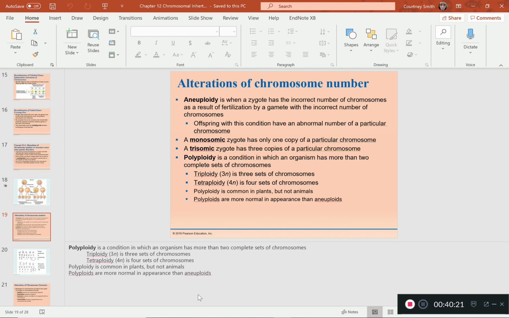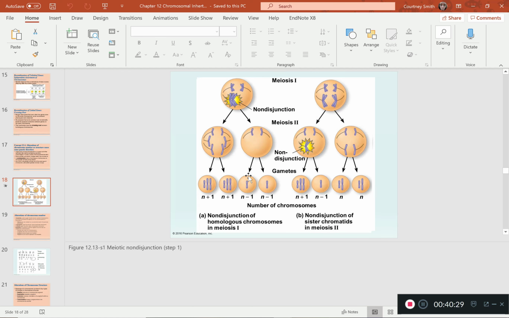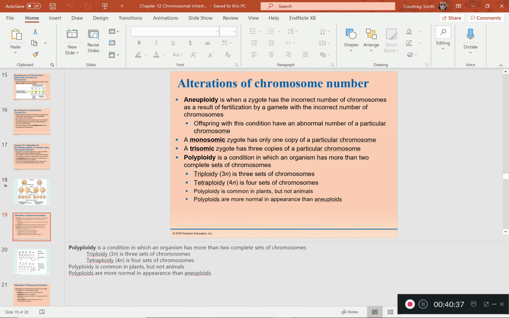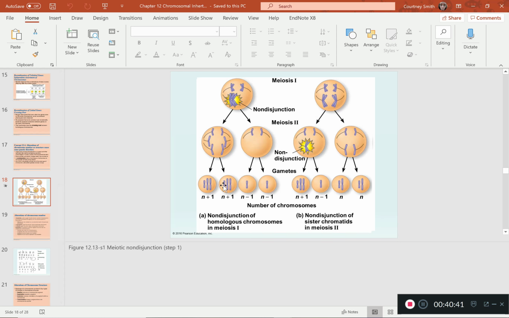Now, in order to be a little bit more detailed, you'll say monosomic, which means that there's only one of a particular pair, which is these guys. So these guys are monosomic, meaning that they're lacking one. And then there is trisomic, which is where there's three copies, which is these guys. So these guys are trisomic. And these ones are normal. Whenever they have a pair, they're normal.